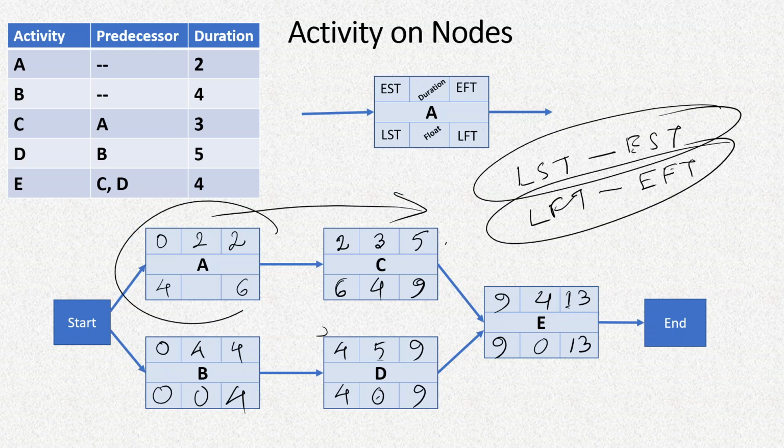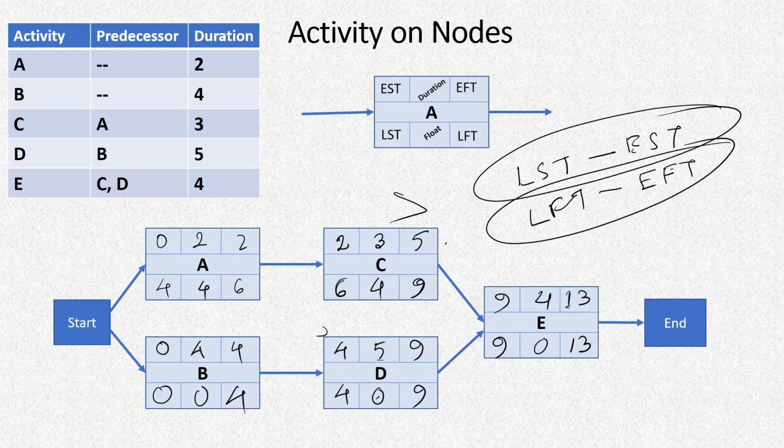Similarly, in this activity also, latest finish time minus earliest finish time gives us 4, or latest start time minus earliest start time will give us again the same number 4.